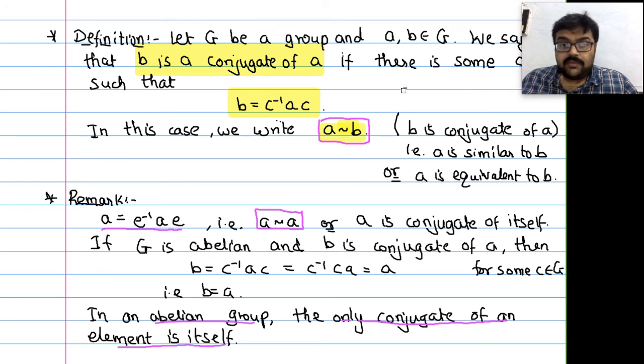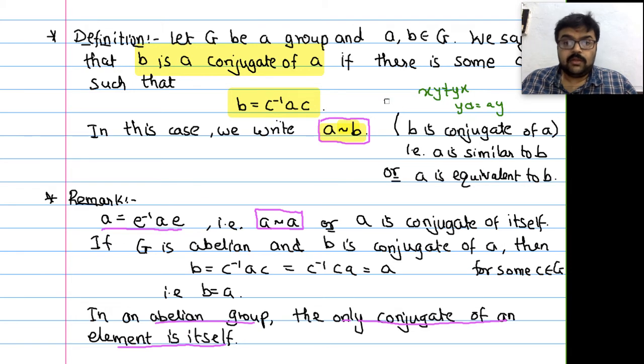So if we can find some element A for which all other elements commute, then for any C inverse AC, it is going to be A, even if the group is non-abelian. For other elements, there may be some X, Y with XY not equal to YX, but for A, XA equals AX, and YA equals AY. Suppose it happens for every element, then it is not going to give any other element other than A itself.